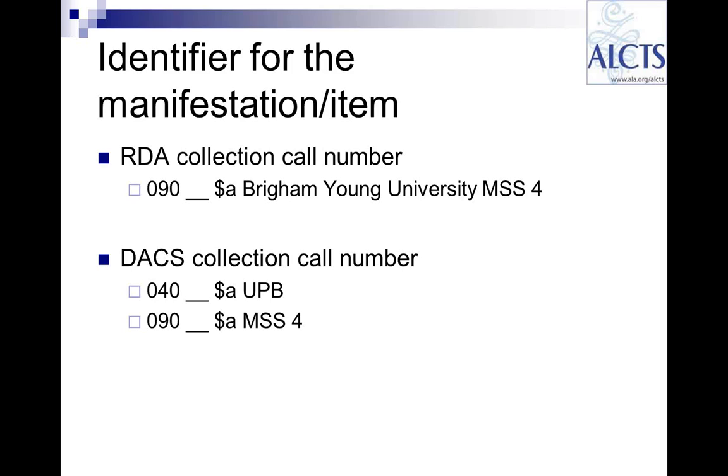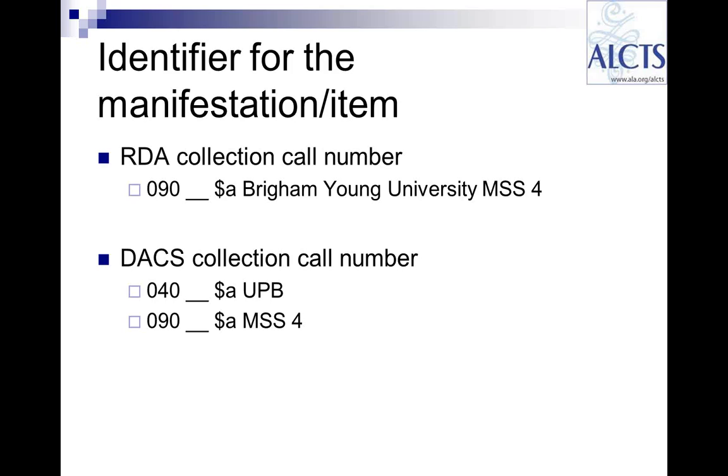An RDA collection call number, again, would be somewhat more similar to this first example, with the name of the repository and then its local identifier, where DACS, the archival practice described in DACS, leans more toward just having a local identifier and then assuming that the institution that's doing the cataloging is the holder of that group of material.